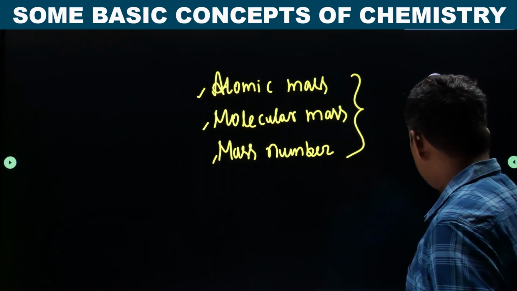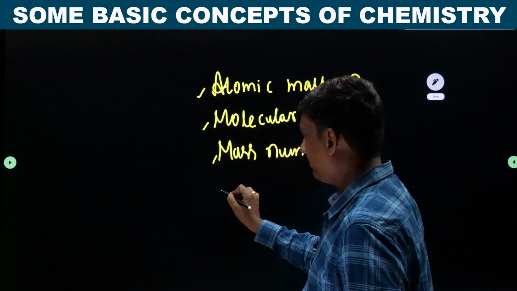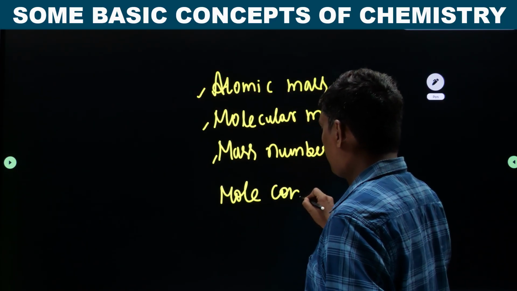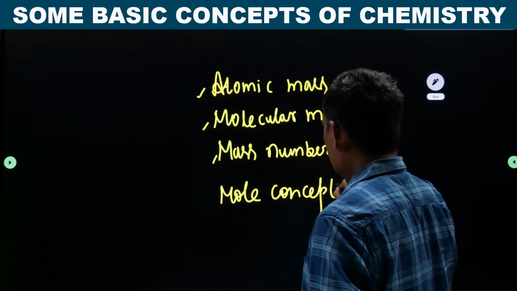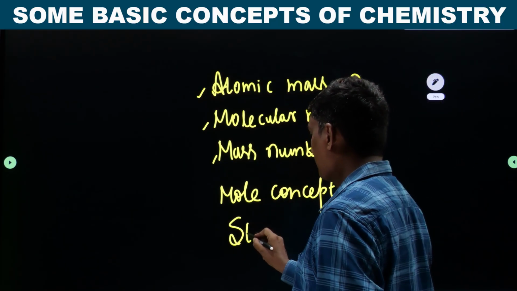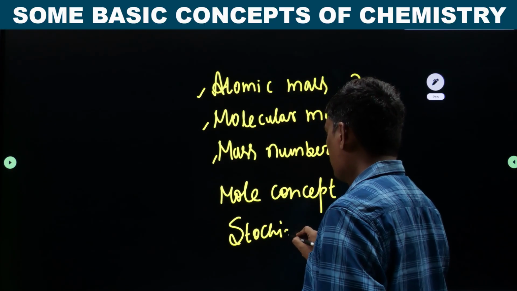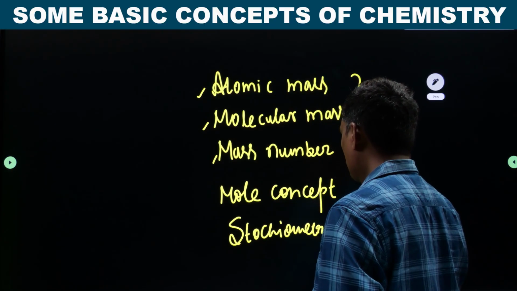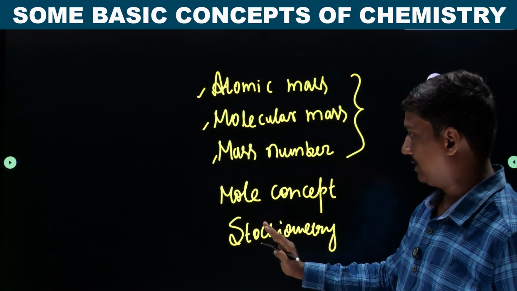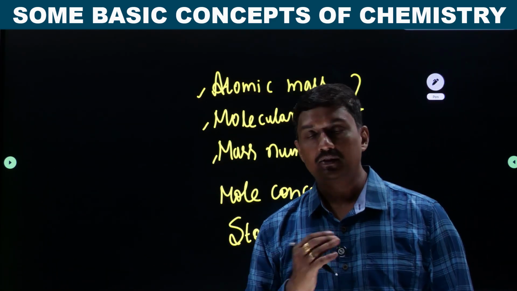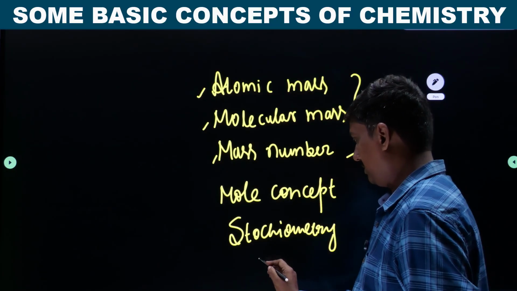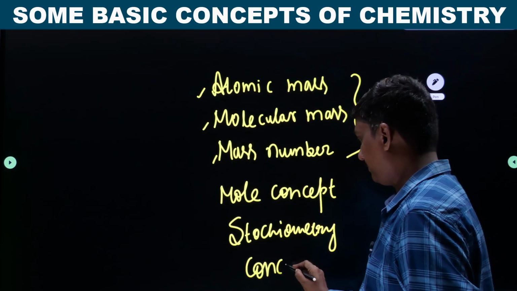If you come to the second part of this chapter, it is mole concept. Mole concept followed by stoichiometry and stoichiometric relationship, we are discussing mole concept and concentration terms.